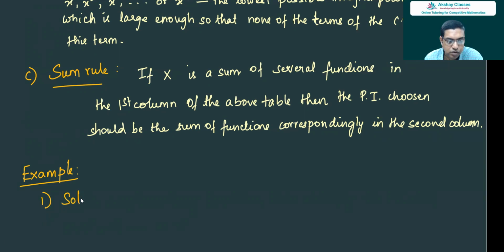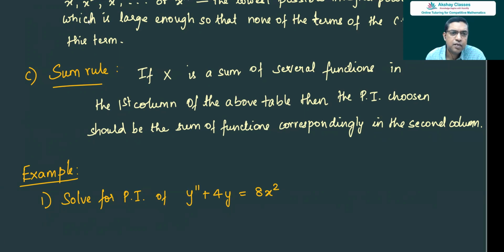Solve for PI. We are doing only PI, not the complementary function. Of course, we will have to evaluate complementary functions so that there are no issues. We have to be careful which rule we are following.